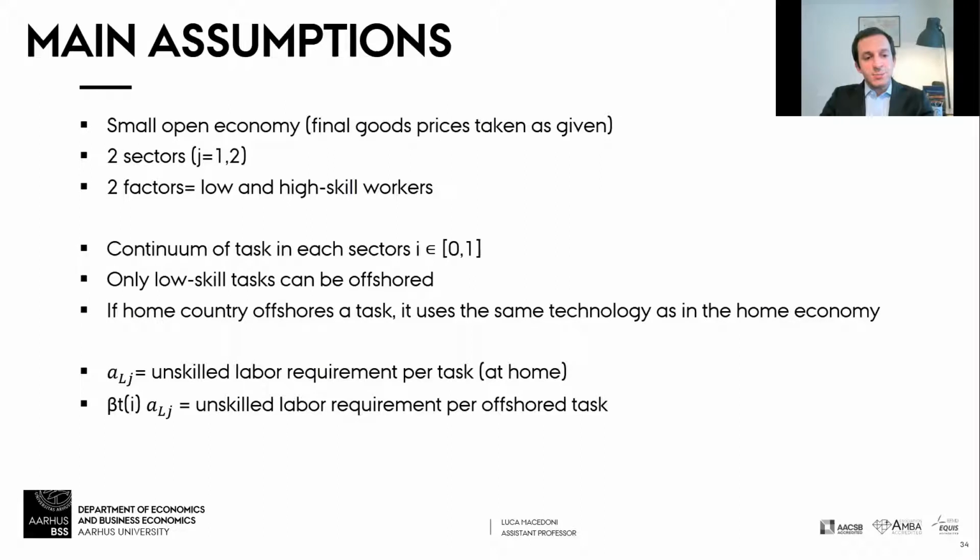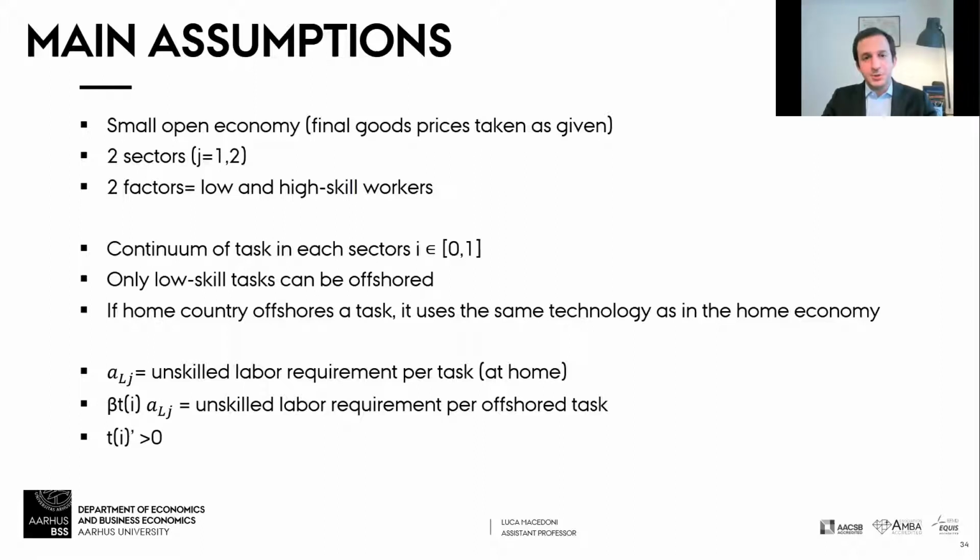Now we're going to think that we can rank tasks, not by the skill intensity, okay, because we have low skill task and high skill task separate. We're going to rank them by their offshoring costs. So we're going to think that the initial tasks have low offshoring costs, and the later tasks have higher offshoring costs.